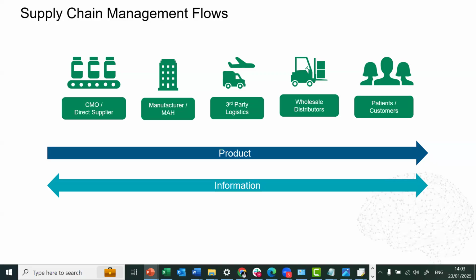Each partner in the supply chain experiences this. From raw materials to finished goods, products move downstream to their final point of consumption, stopping many times throughout their life cycle. Material, however, can flow upstream in the case of a return, so recalls, damages, or wrong product.